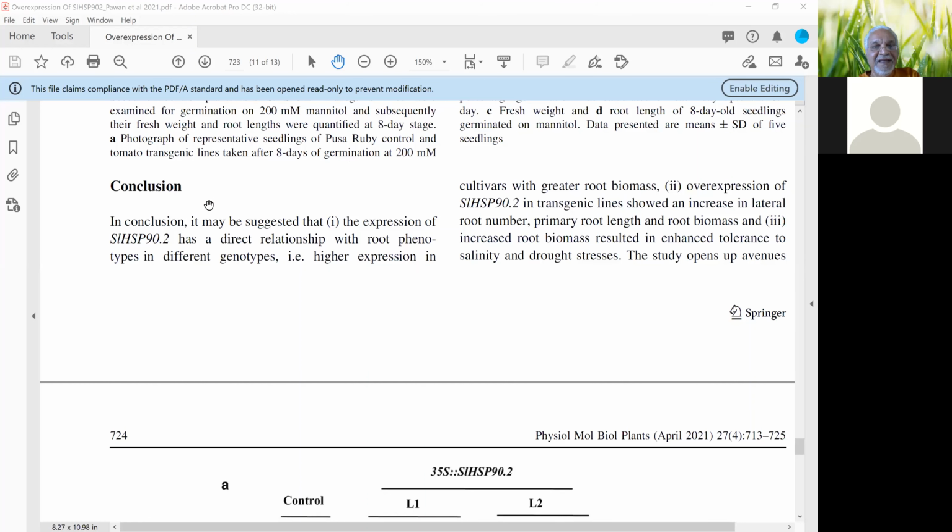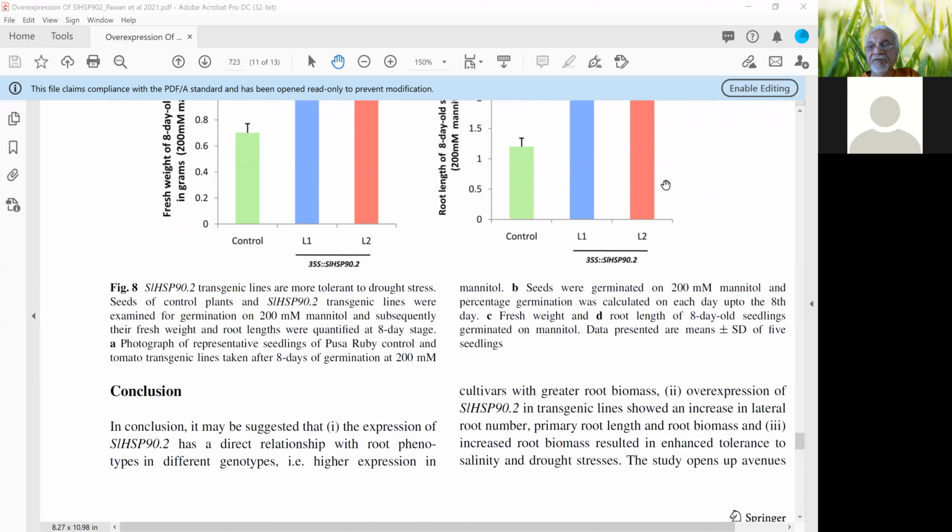Okay, let us look at it. Gene for root expression protein. First, identify yourself, your name. Can you identify yourself? Sir?